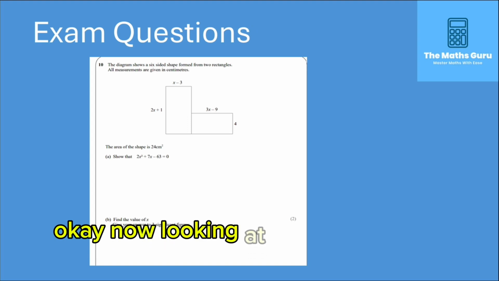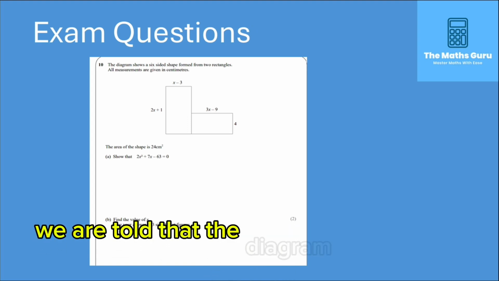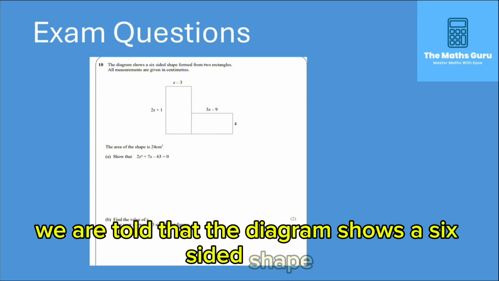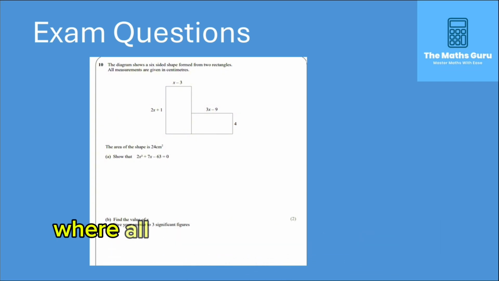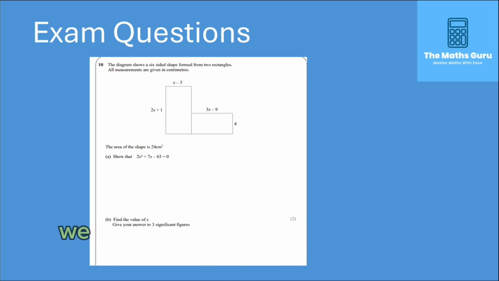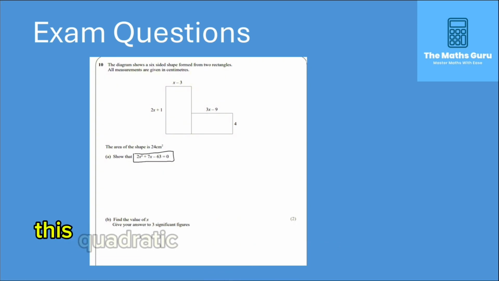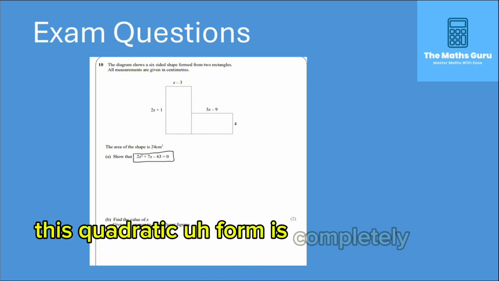Okay, now looking at a slightly harder question, we are told that the diagram shows a six-sided shape formed from two rectangles where all measurements are given in centimeters. The area of this shape is 24 centimeters squared. We need to show that this quadratic equation is completely valid.